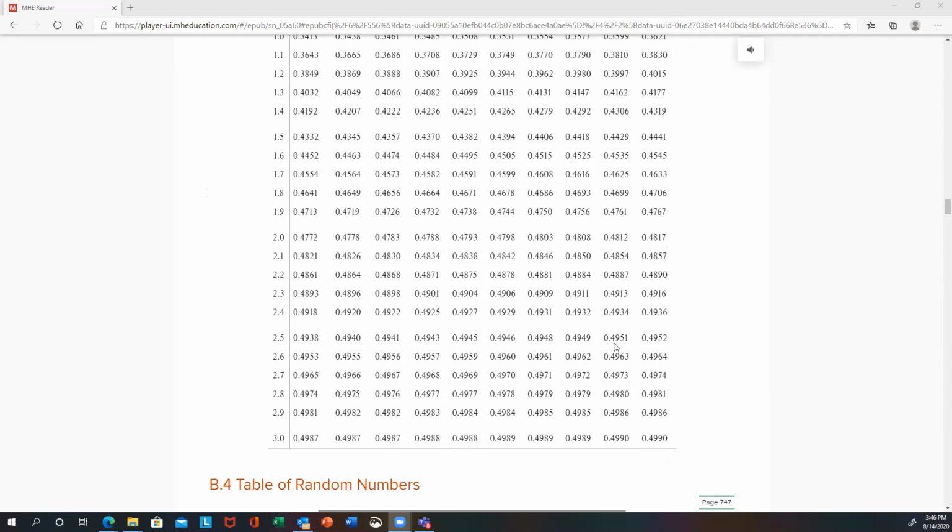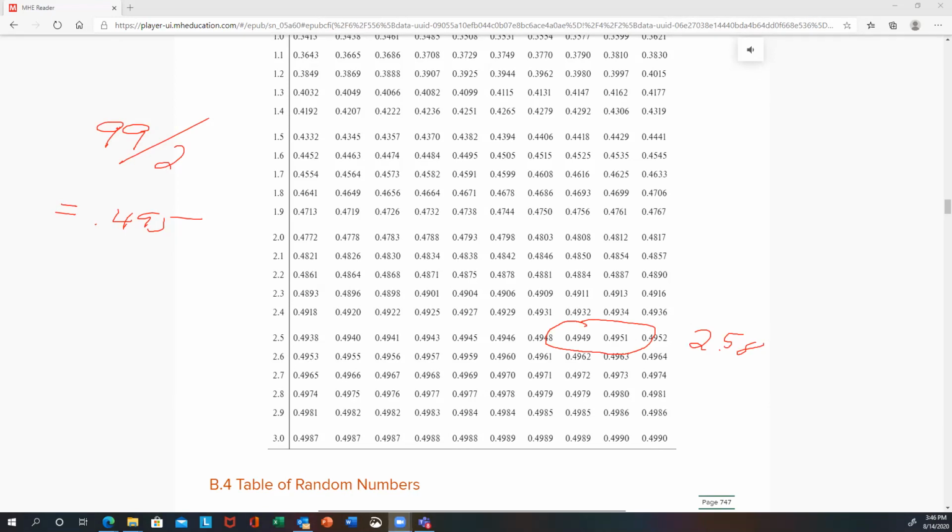So at 99%, divide that by 2, that's going to be right at 0.495. If you go to your table, you'll notice that it's going to be one of these two numbers right there. And they're just going to say, go ahead and use 2.58 as your z value. So that's how you look that up.